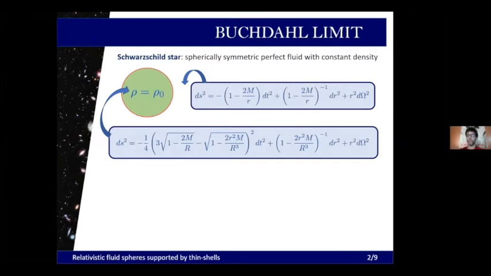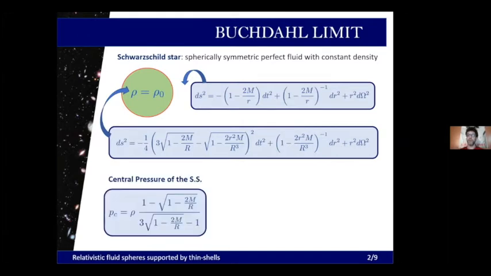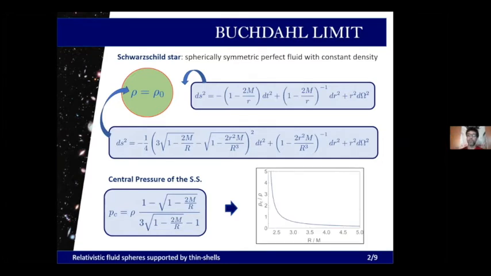Because if you compute the pressure at the center of this star, which, as I said, increases as you make the star more and more compact, you will see that the pressure of this star diverges when the radius of this star is smaller than the mass of the star times 9/4. So this is called the Buchdahl limit.